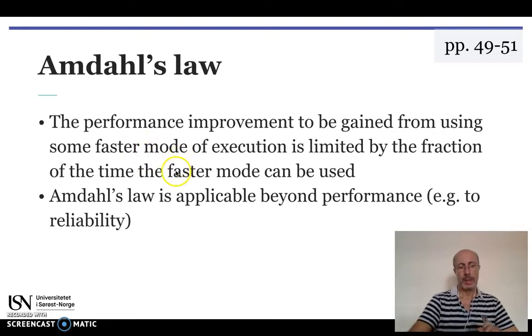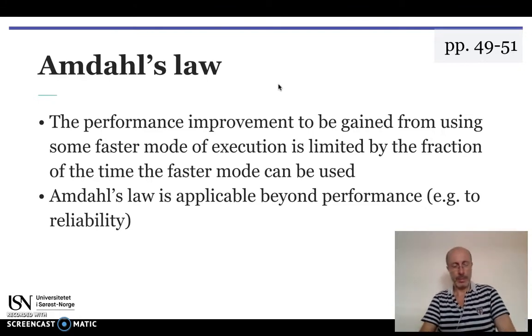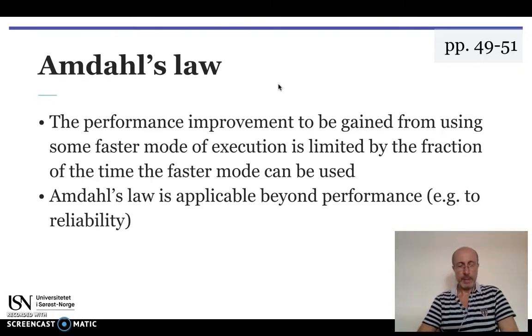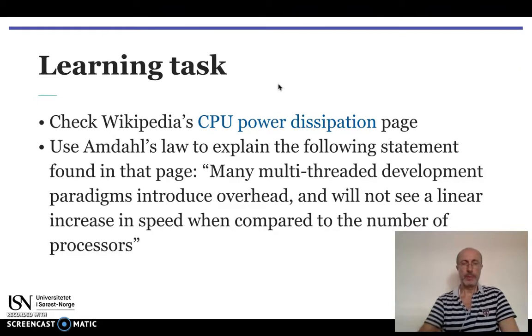Amdahl's law says that if 10% of any given task has to be executed serially, then the maximum performance benefit from parallelism is 10, no matter how many cores you put on the chip. Actually, Amdahl's law applies to other domains as well, such as reliability. So parallelism is important, but it has its limitations as well.